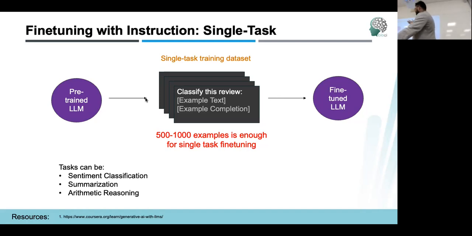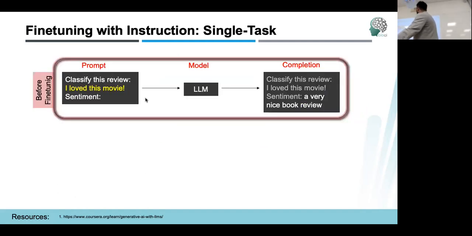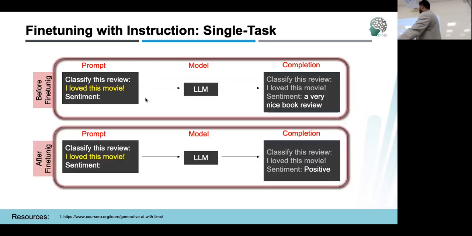Before fine-tuning, you had a generalized model, and when you wanted to classify 'I love this movie', it generated an output like 'a very nice book'. Wow, so it's not performing well. But after you fine-tune on your specific data, it gives a better answer: the sentiment is positive.